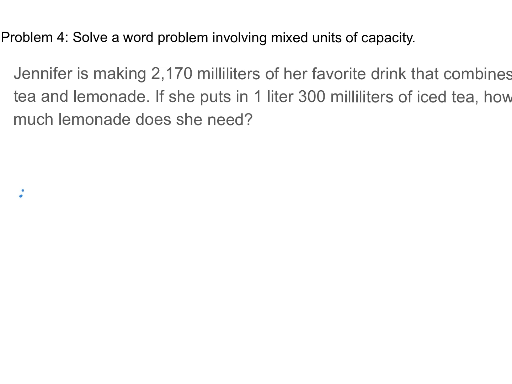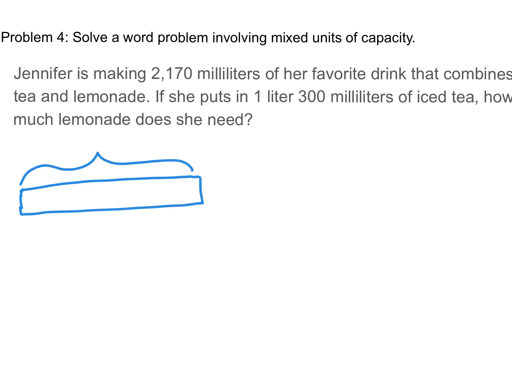Again, if we drew our tape diagram, our total is how much she's making altogether. And it says right here she's making 2,170 milliliters. And we know that she's putting in 1 liter, 300 milliliters of iced tea.